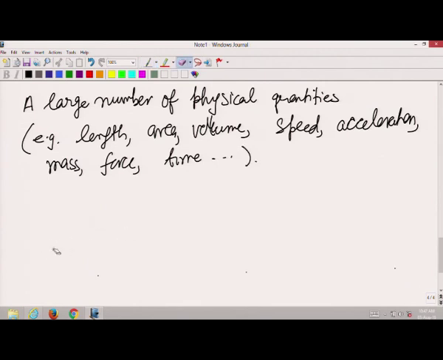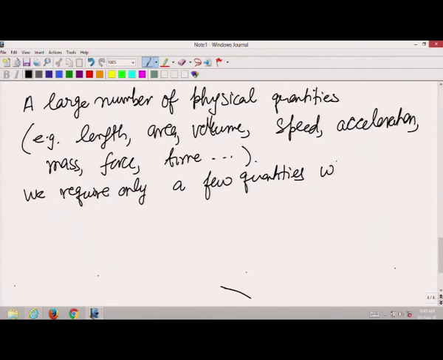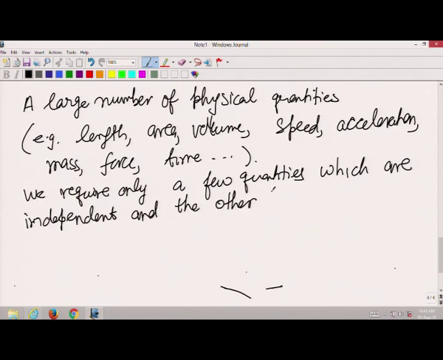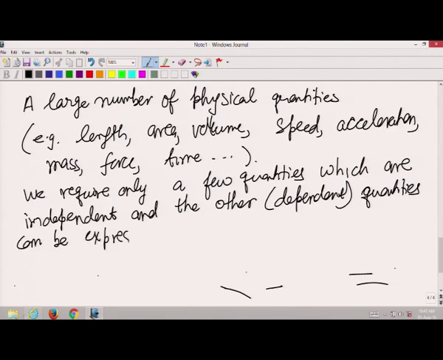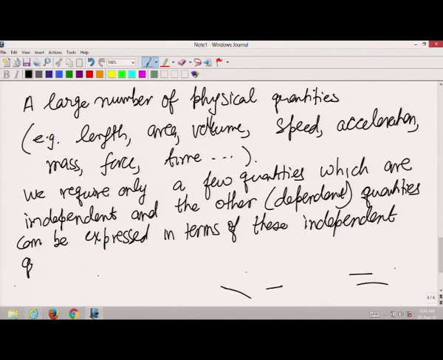we require only a few quantities which are independent, and the other quantities can be expressed in terms of these independent quantities.